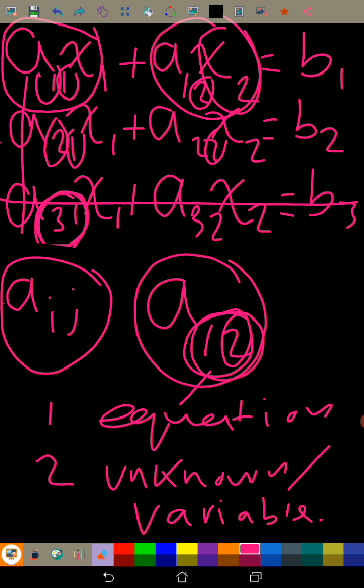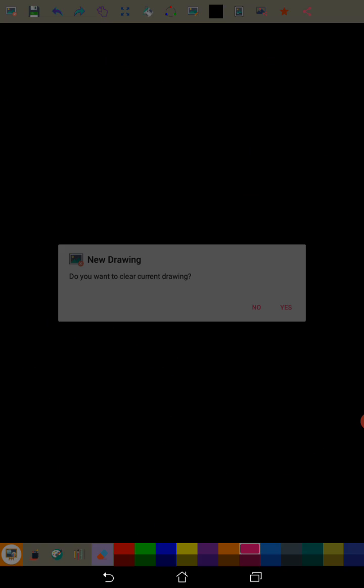Okay, so you can meditate on this. Thus a12 is the coefficient of the first equation multiplying the second unknown, x2. Alright, I think you got this as well.